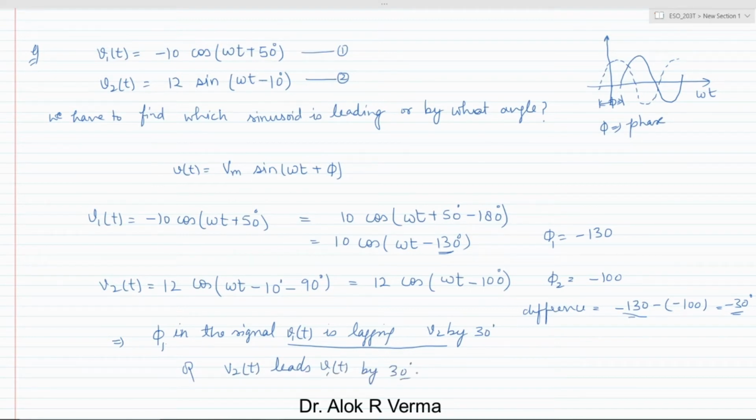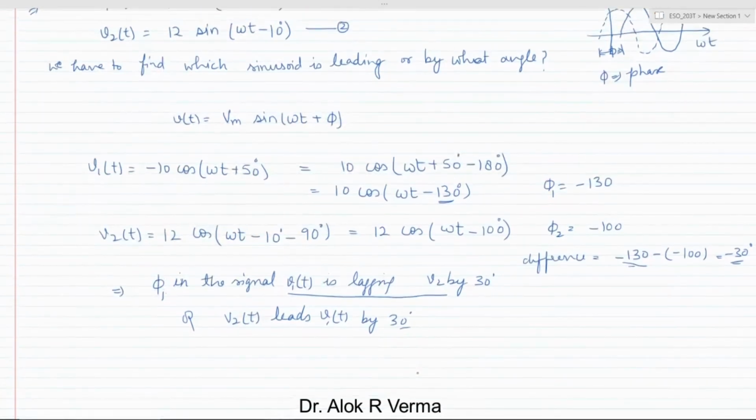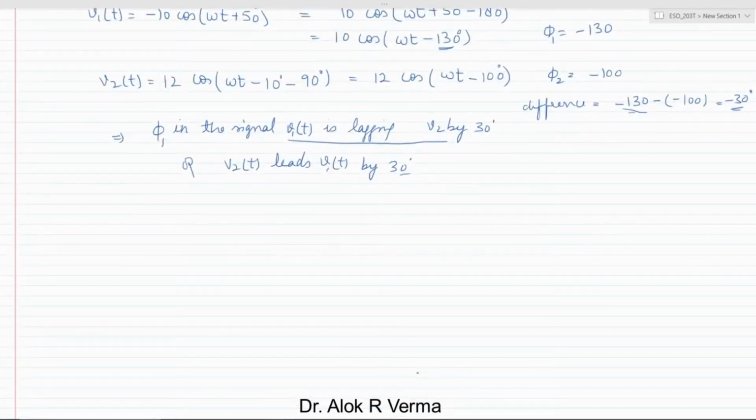This is how we can calculate the leading and lagging sinusoids. The idea is first to convert into the same format, either both sine or both cos, then directly see phi 1 and phi 2 and see the difference. So V2 is leading.